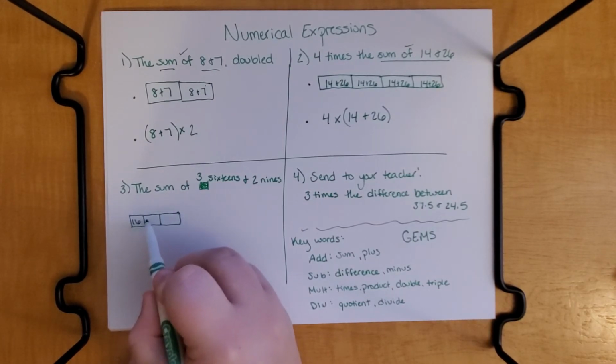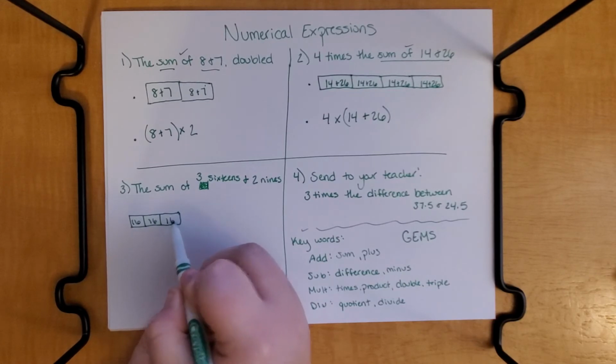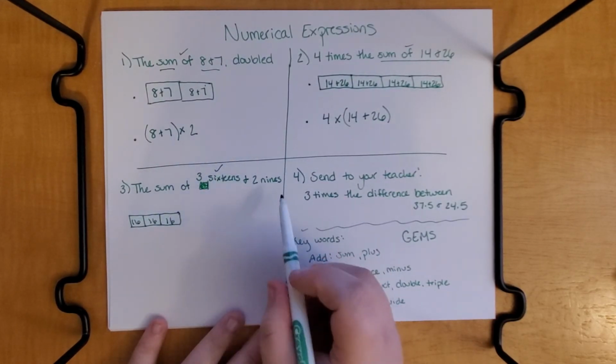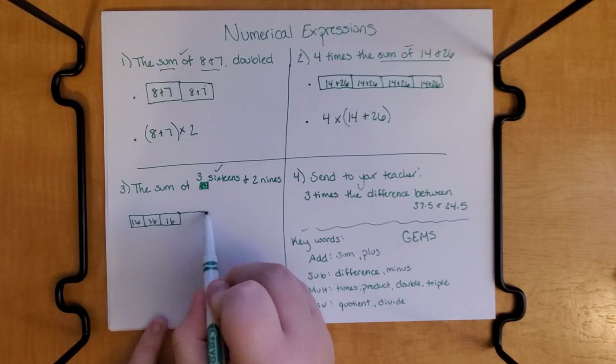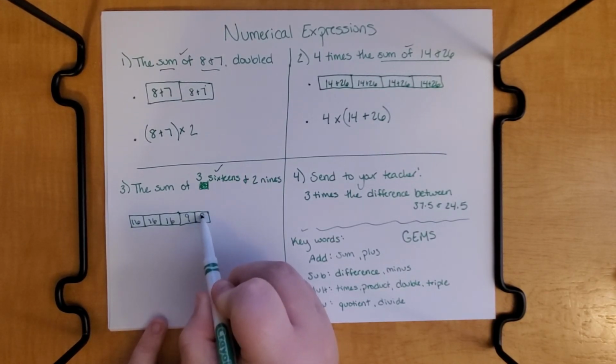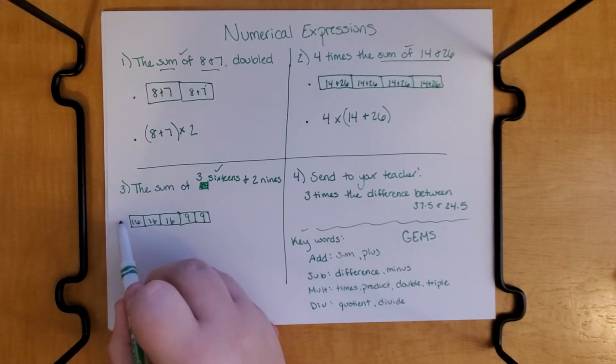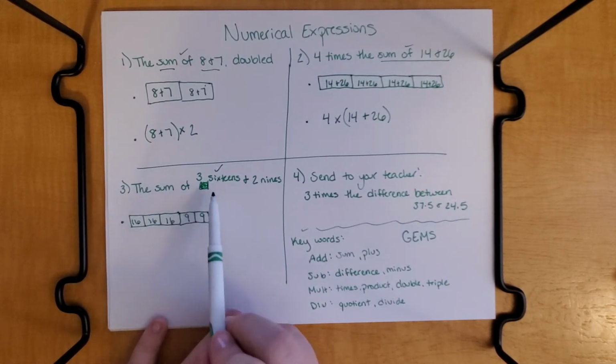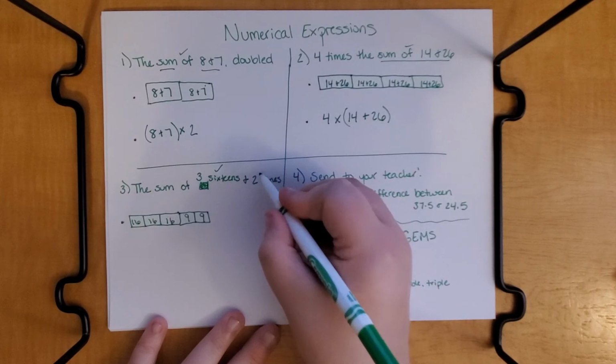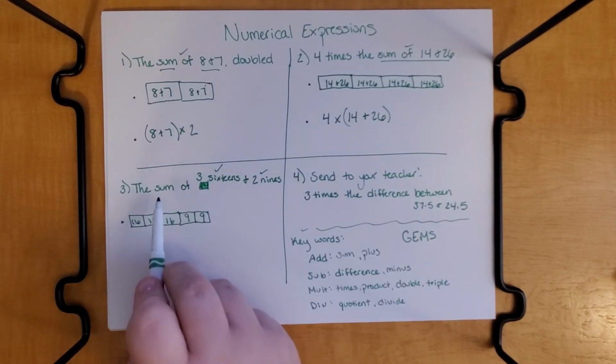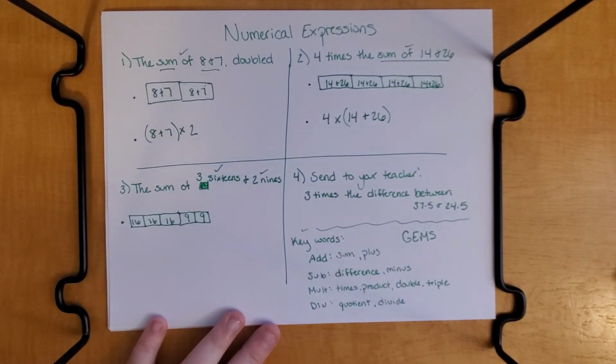So here's a 16, a 16, and a 16, and 2 9s. 9 and 9. Here's my model. I gave it everything it needs. I've got 3 16s, 2 9s, and this says sum of, so I know I'm just going to be adding one onto the other, so there's that.